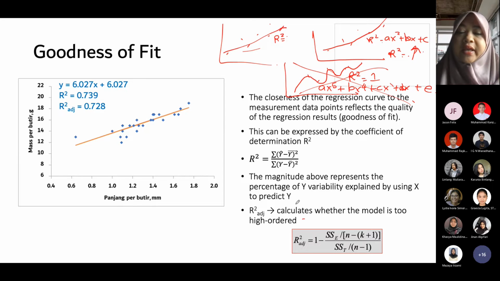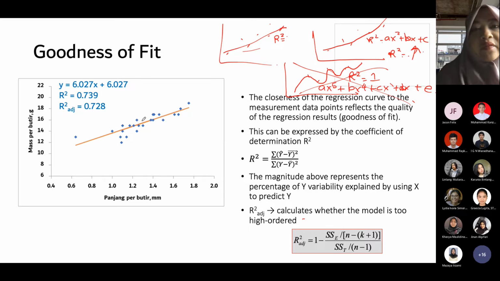The adjusted R square calculates whether the model is too high ordered by writing 1 minus the sum of square of error divided by n minus k, where k is the order, and then divided by the sum of square of total divided by n minus 1. Using this formula, you can check, for example, this R square of 0.7.